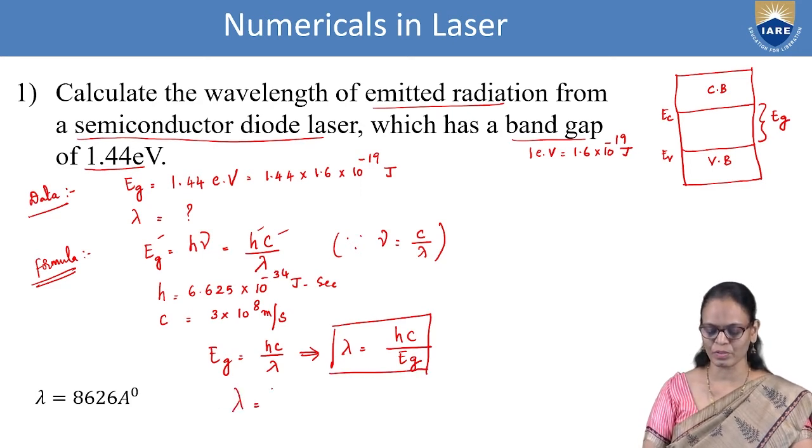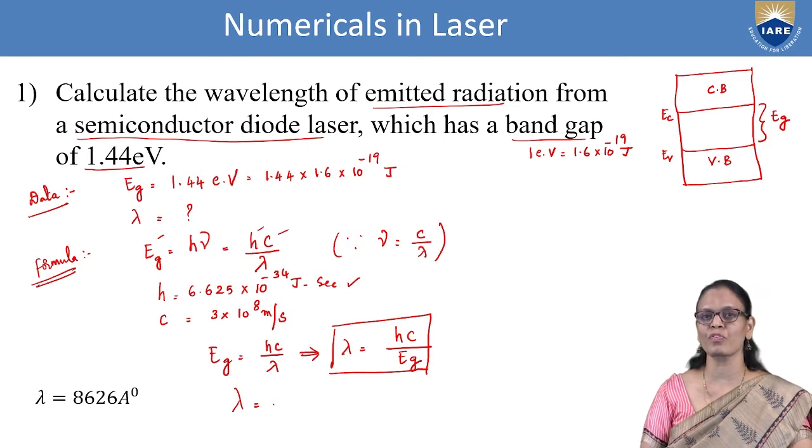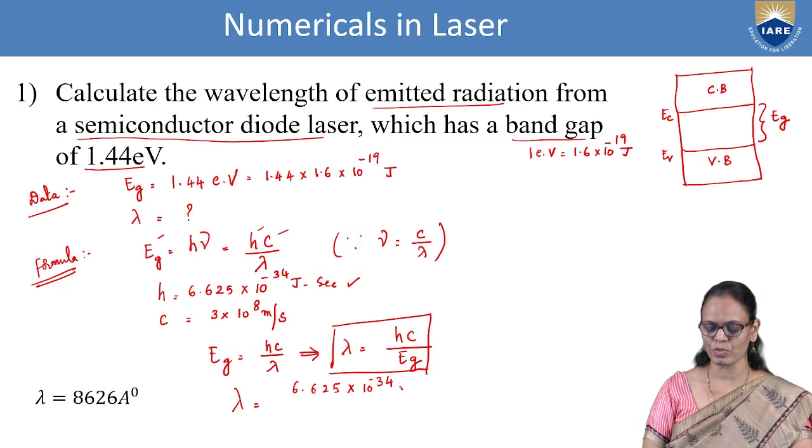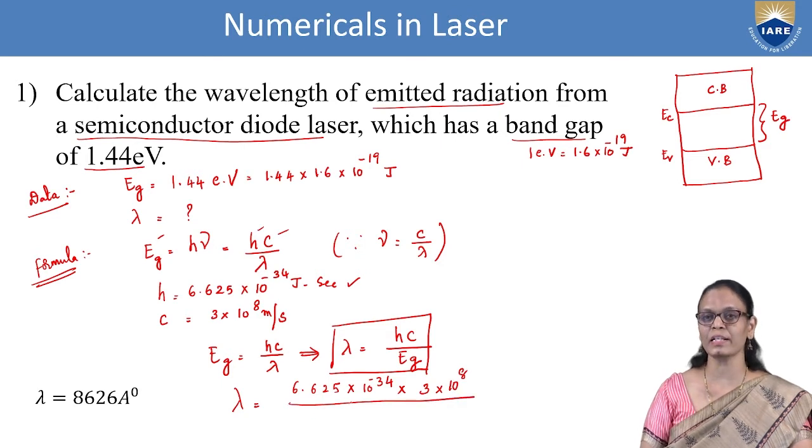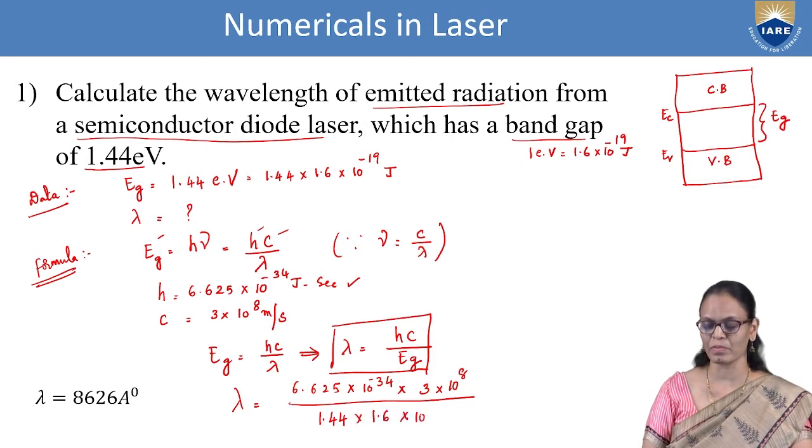So lambda is equal to h, which is 6.625 into 10 power minus 34, into c, the velocity of light, 3 into 10 power 8, upon Eg. Eg is the band gap energy which we have converted into joules. So it is 1.44 into 1.6 into 10 power minus 19.